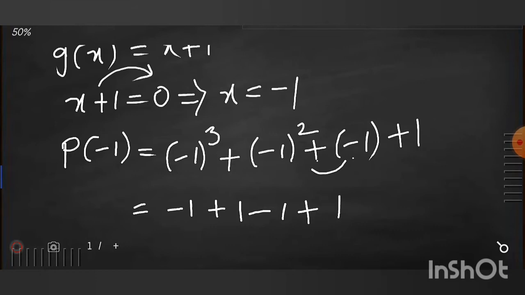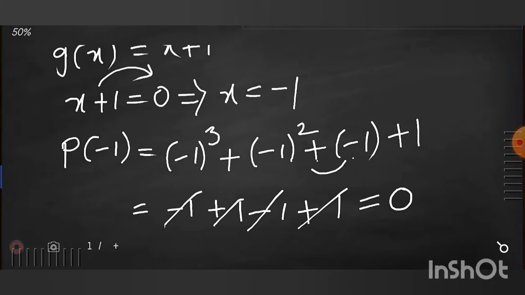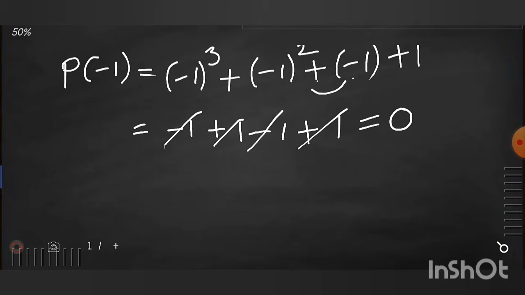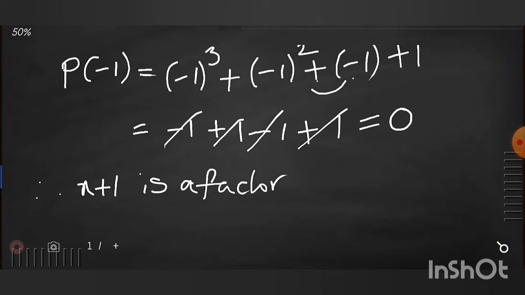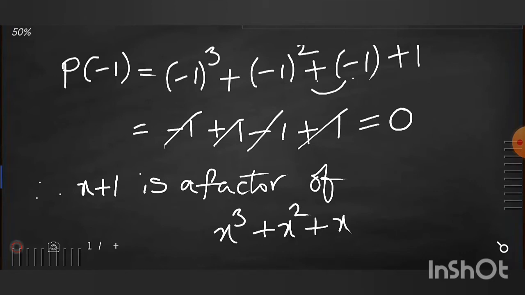Now if you observe, minus 1 and plus 1 get cancelled, and minus 1 and plus 1 get cancelled. So the remainder is 0. That means the final answer is 0. Therefore x plus 1 is a factor of x cube plus x square plus x plus 1.